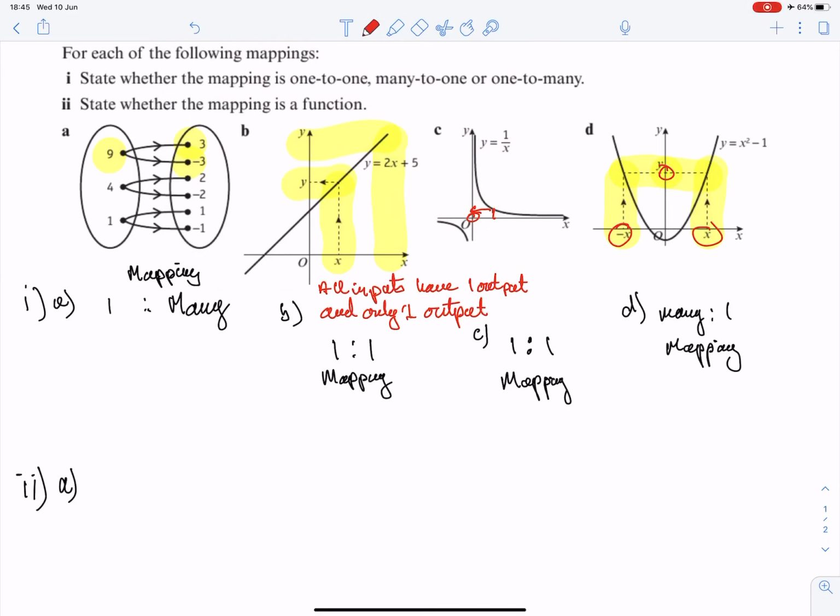So for a function, each input has an output, but it doesn't have to be unique. In other words, more than one input could have that same output.